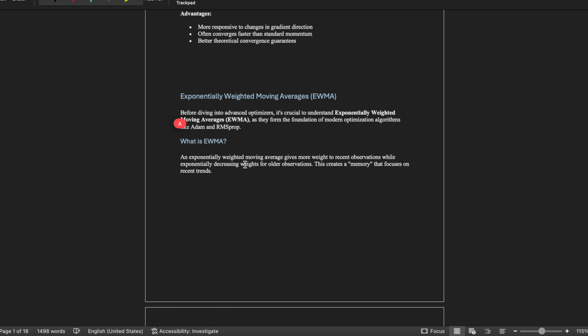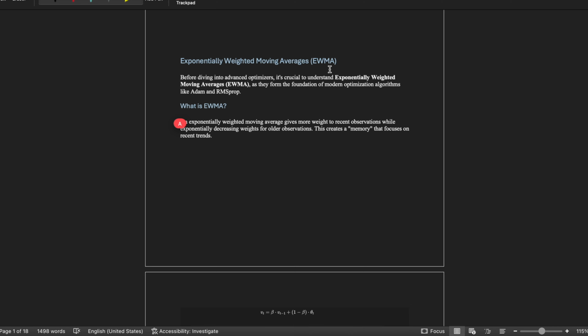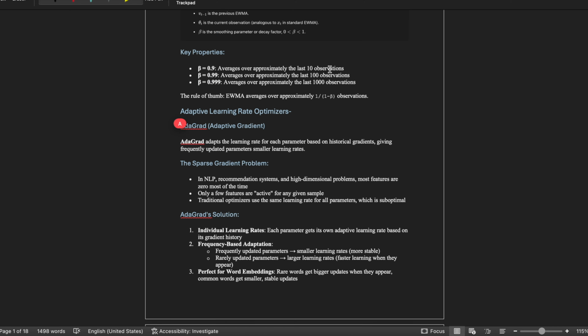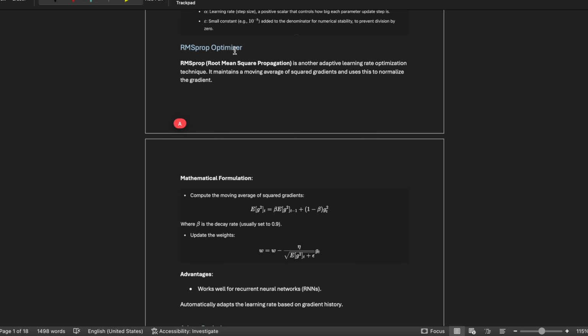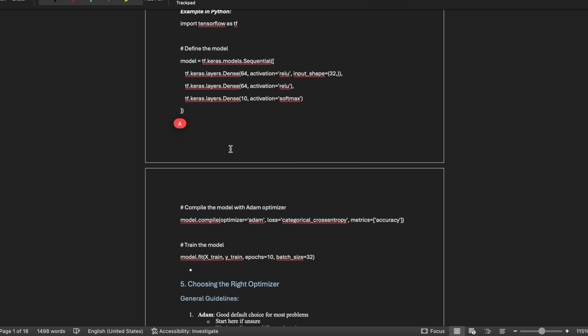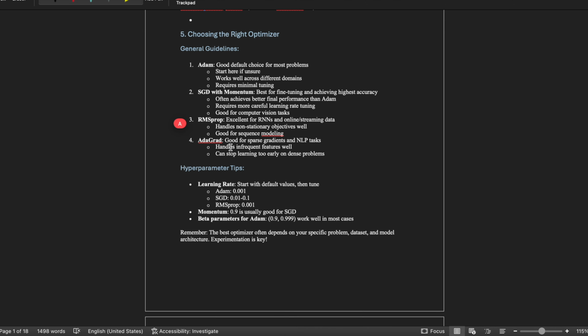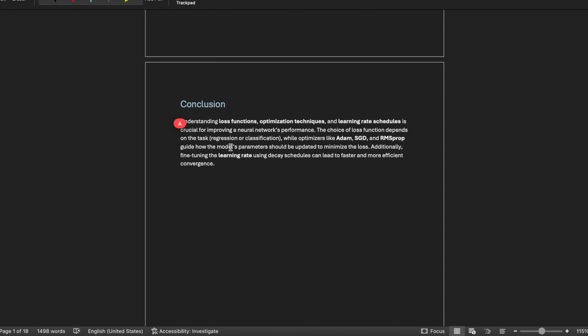Then another concept that will be useful to study the further concepts: AdaGrad. We'll also look at the RMSprop optimizer, and finally the Adam optimizer, and then we'll wrap up this day 7 lecture part 2.